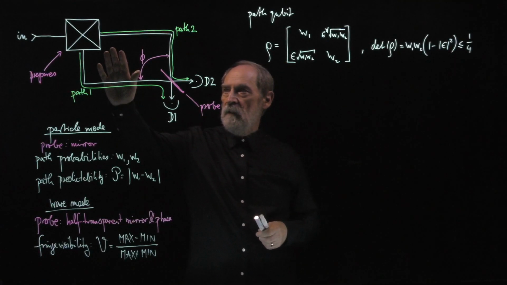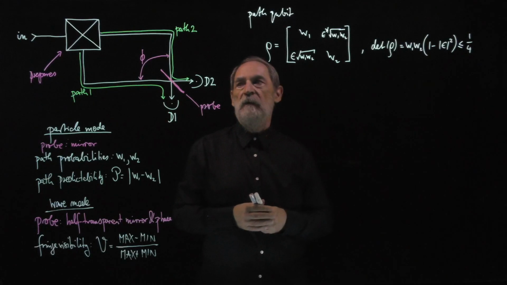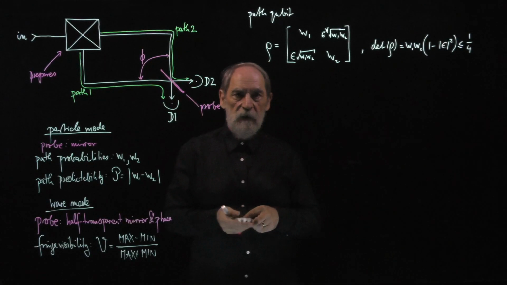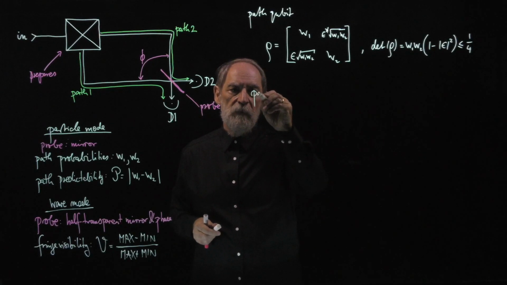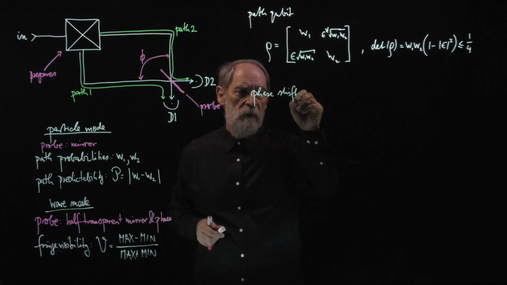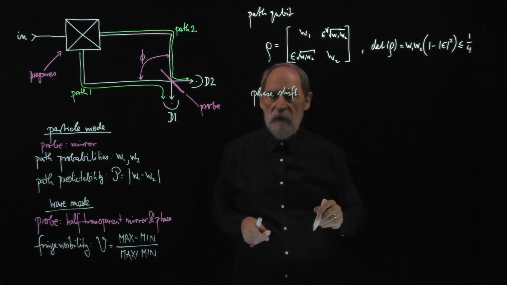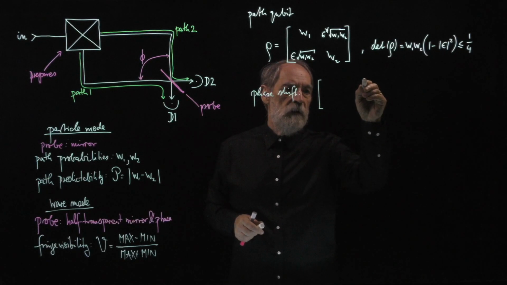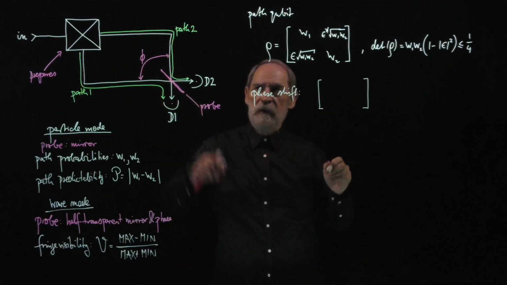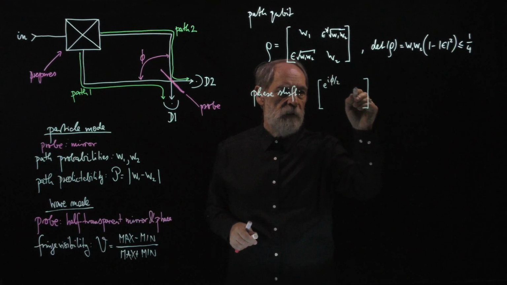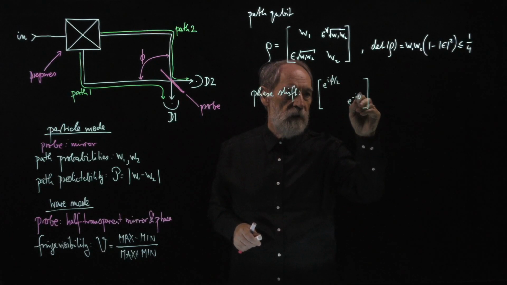Now, the particle goes through the interferometer and the phase is shifted. So the phase shifting we will describe by a unitary matrix which imposes phase e to the i phi half on path 1 and e to the minus i phi half on path 2.